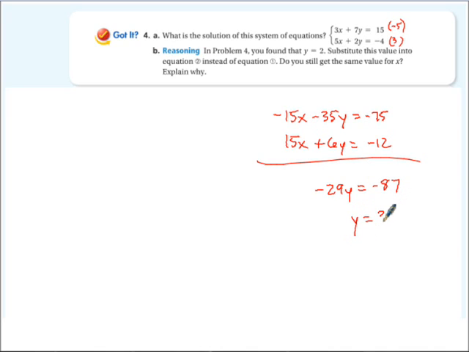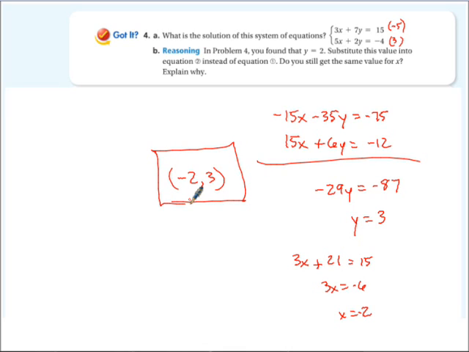And then y equals 3. From there, I just plug y into the original, so I have 3x plus 7 times 3, which is 21, equals 15. 3x equals negative 6, so x equals negative 2. So we have negative 2 and 3, and that is our answer.